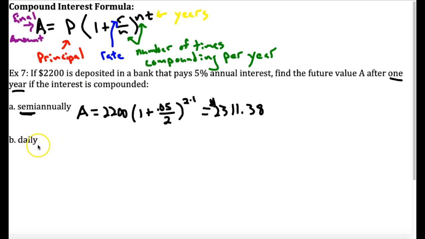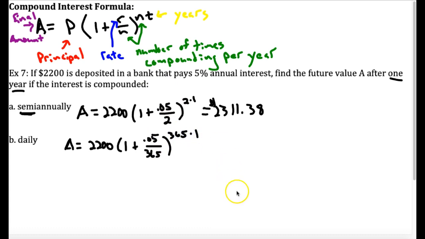So let's do the same thing then for if we compound our interest daily. So that'll be 2,200 times 1 plus the rate stays the same, so 0.05 over, now daily, so that's the number of times per year. There are 365 days in a year, right? So we would divide this by 365, then raise that to the 365th times 1 power.